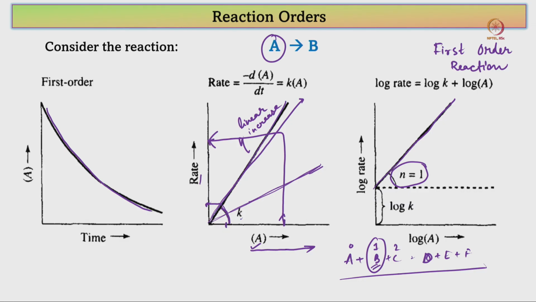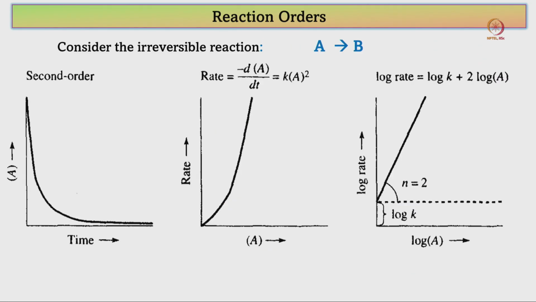Now, let us move on to the second order reaction. How will a second order reaction look? If you consider again a reaction A producing B, and now you plot the concentration of A with time, you see it is exponentially decreasing.